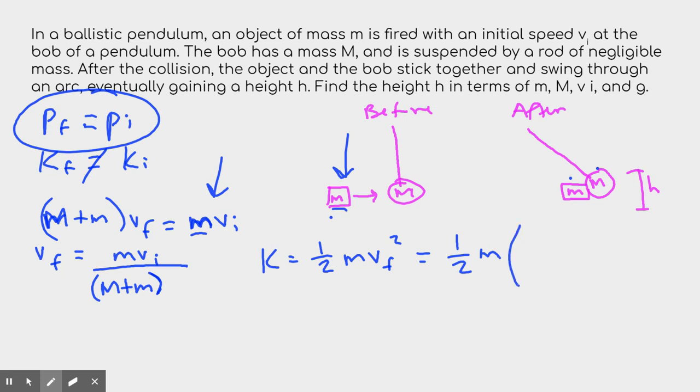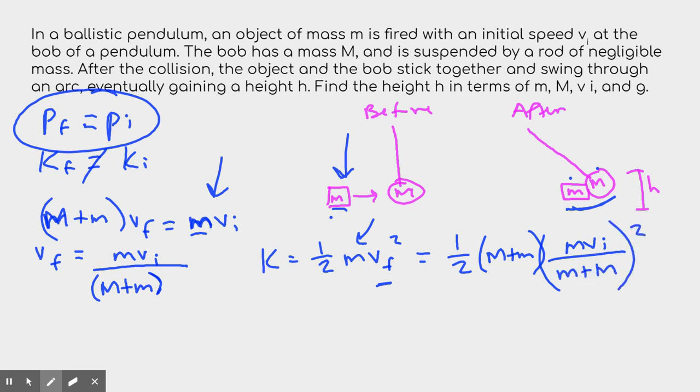Oh, I am so sorry. I have already made a mistake here. For the mass, after they're both moving, when we actually have a final velocity, we have both of the masses together. And then we can plug in this information, and then we can simplify this.